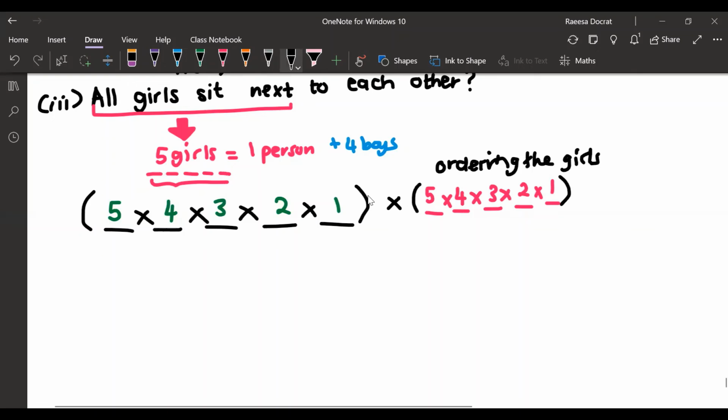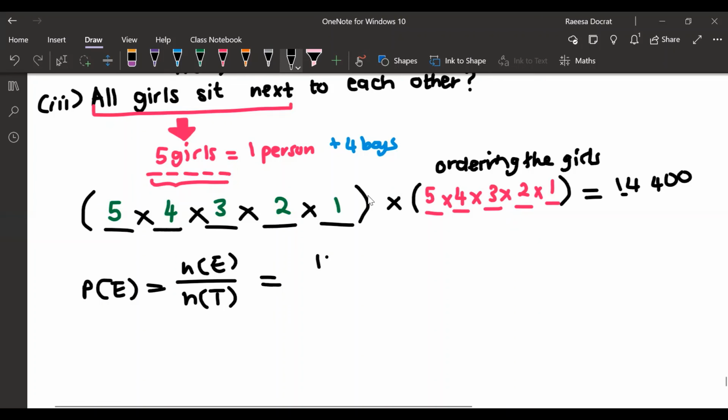So then this here is equal to 5 factorial times 5 factorial, which is 14,400. So then the probability of this event is the number of ways it can occur over the total number of possibilities.